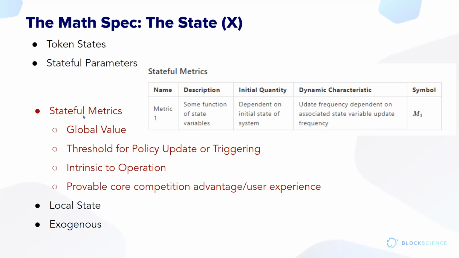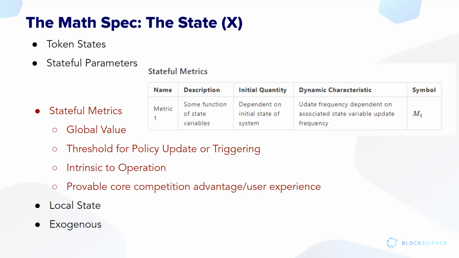And so the couple things here to discuss are that, in some cases, like in a cadCAD model, there may not be that difference. What I mean by that is that we can sometimes model metrics inside our cadCAD models, and that would certainly be a stateful metric, but it doesn't have to be.